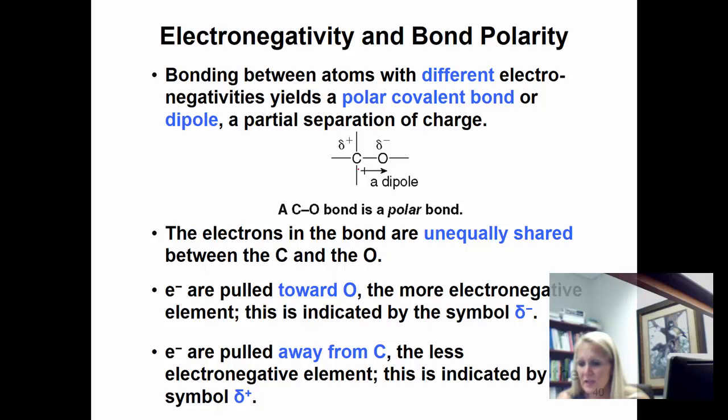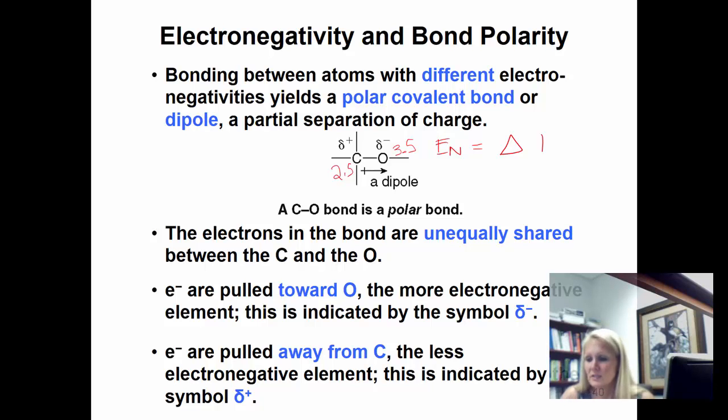If you look at a carbon-oxygen bond, the values are 2.5 and 3.5. Those are our electronegativity values. So they have a difference of 1 in electronegativity, and that is considered to be polar.